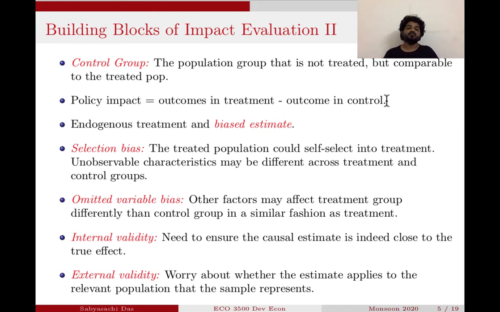These are the guys who really want to open a bank account. So what you may end up finding is that bank account opening has a really large effect, but some of this estimated large effect may be driven by the fact that these people in the treatment group are very different than the rest of the population.